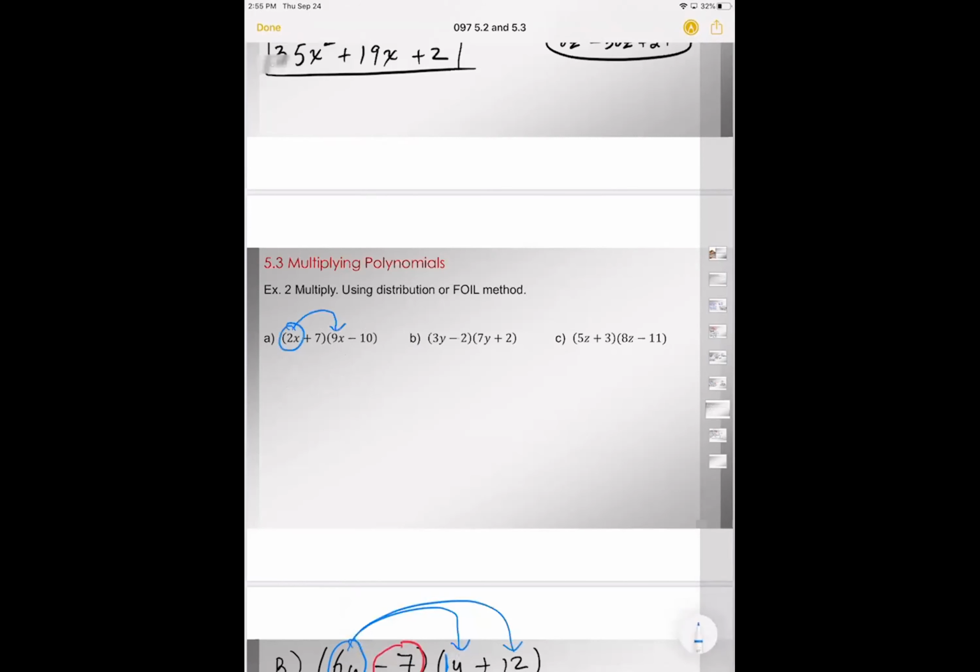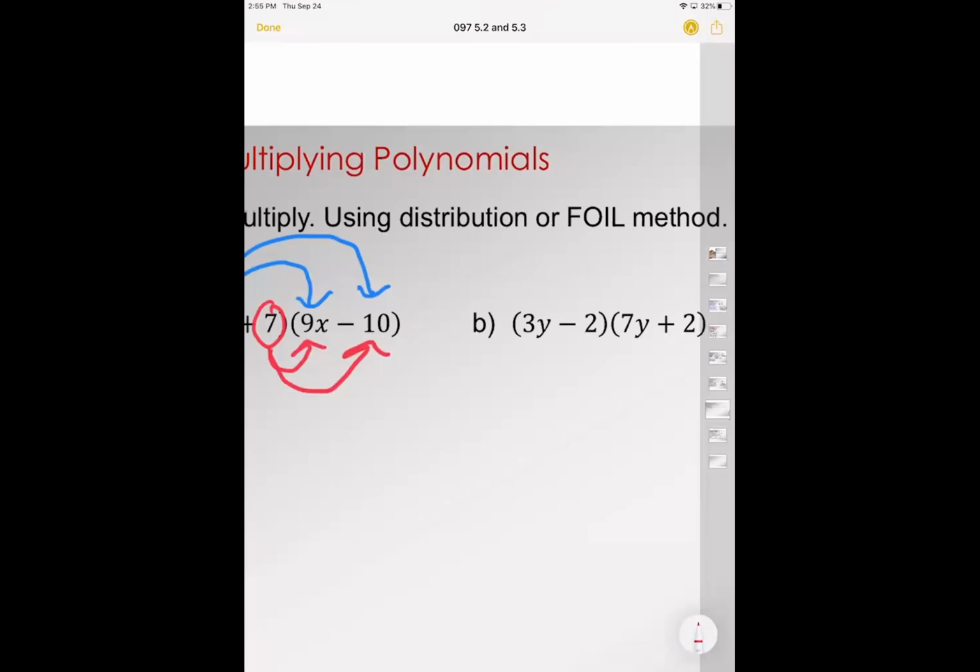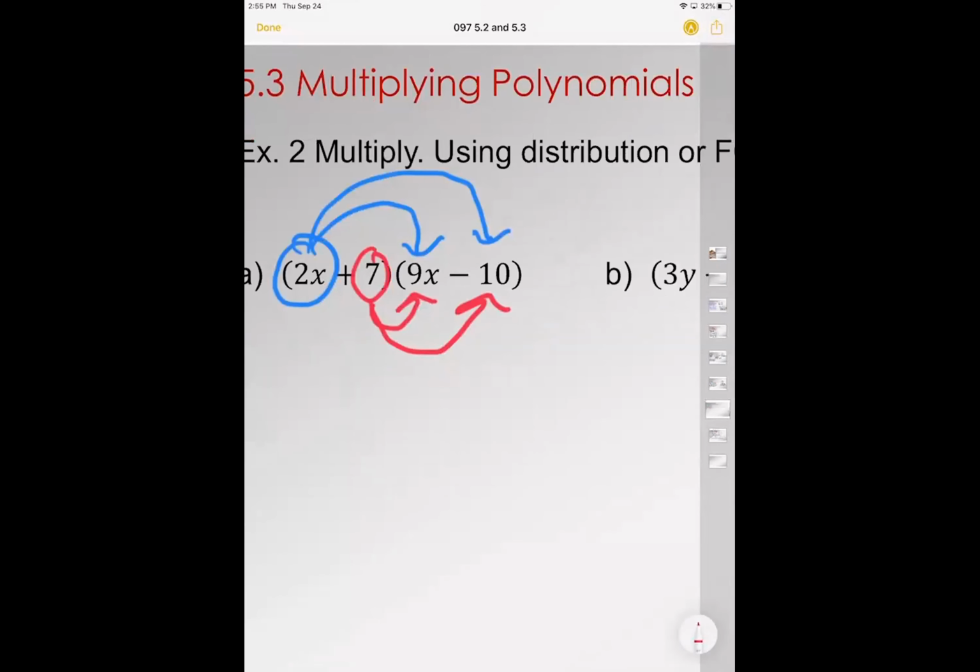times the first item, that's the first times the first, the outside times the outside, and then you take the inside times the inside and the last times the last. So basically it's the same as before. It's just that now they want to give you a name so that you can easily correlate.